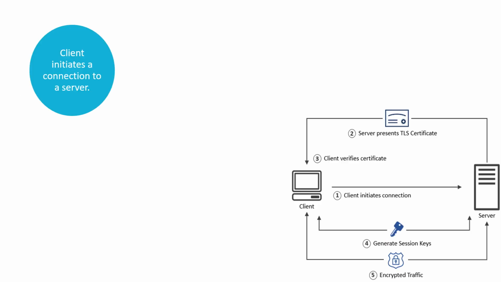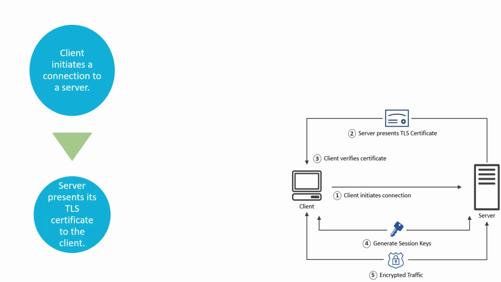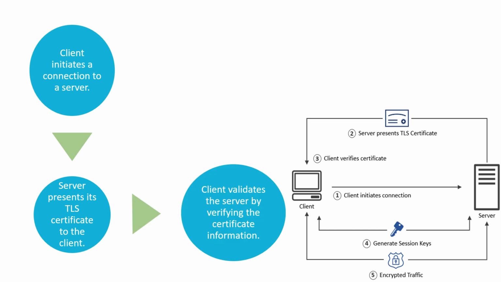And now we can see the flow. First, the client, which we can say is a web browser, initiates a connection to the server when it requests a particular web page. The server presents its TLS certificate to the client, and the client validates the server by verifying that certificate information.